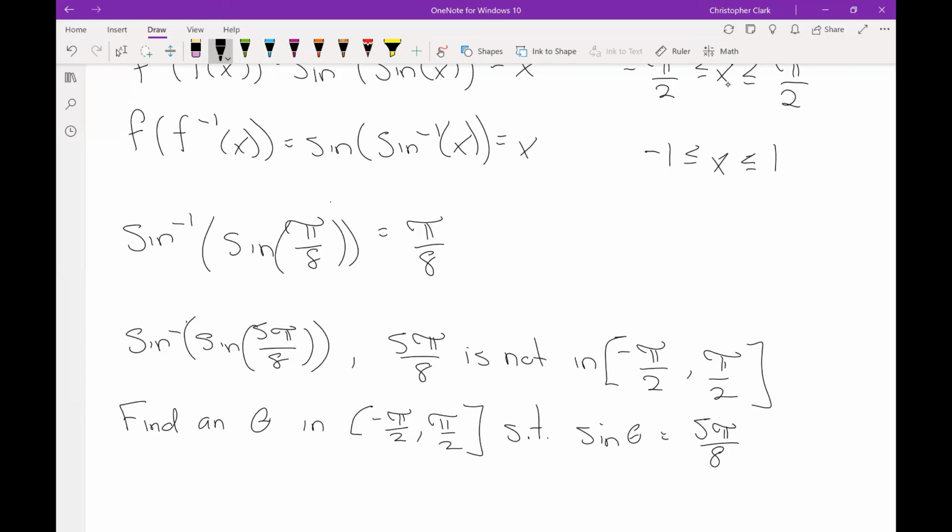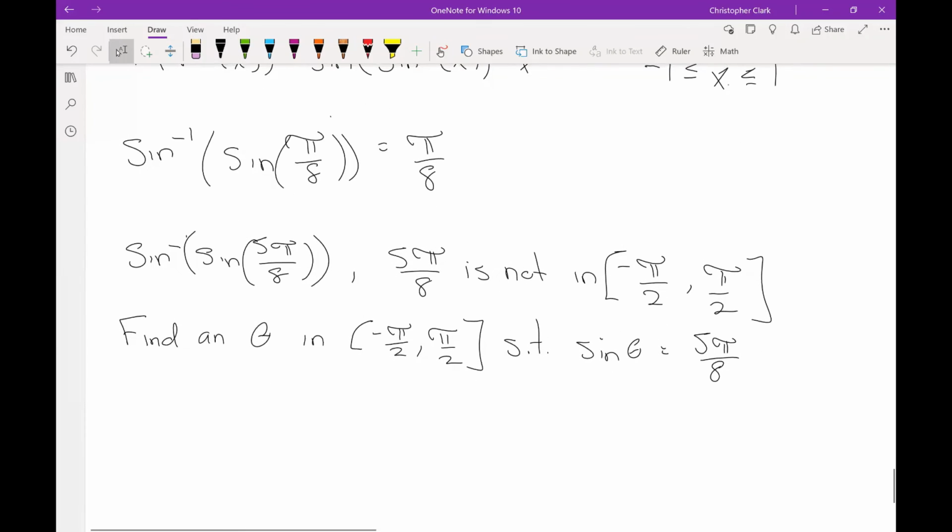Remember, it's a big circle, so sine is going to have multiple angles that give the same sine value. So this 5 pi over 8 isn't good. We can't use it. But maybe there's another angle that gives the same sine value that does work.